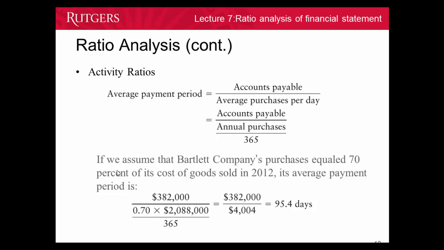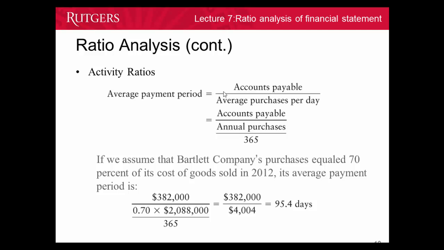In the financial statement we don't have purchase amount information, but for the calculation we needed to calculate average purchases per day. Thus, we assume that it's 17% of total cost of goods sold.